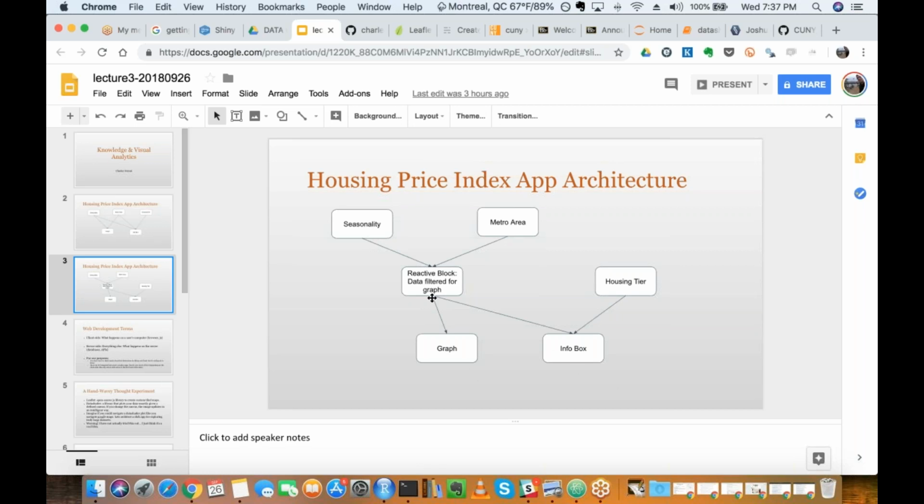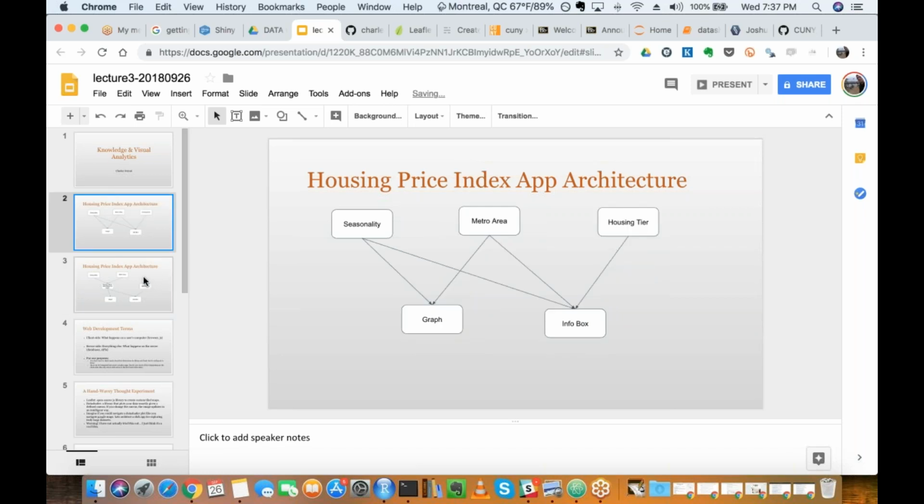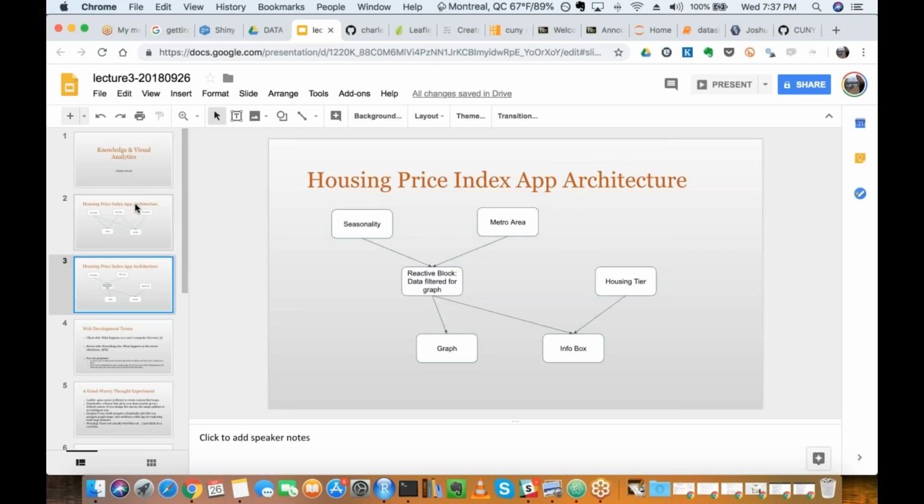This is feeding into the graph and the info box. And then housing tier is a bit more cloistered off and is only affecting the info box. For the app that we have here, these two architectures don't really make that big a difference in terms of the app that you're building.